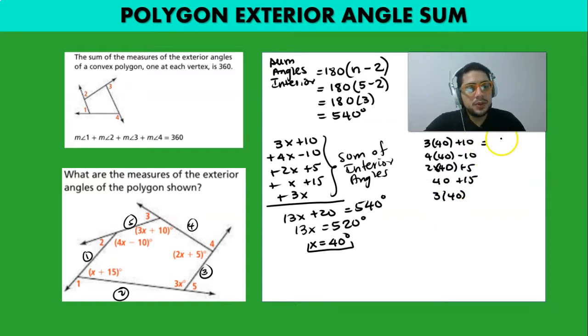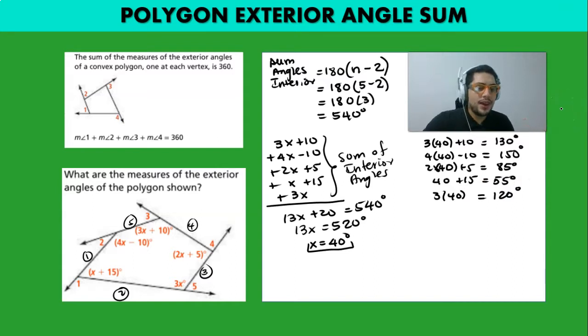So 3 times 40 plus 10 is going to be 130 degrees. 4 times 40 minus 10 is going to be 150 degrees. 2 times 40 plus 5 is going to be 85 degrees. 40 plus 15 is going to be 55 degrees. And 3 times 40 is going to be 120 degrees. And that is where we find the interior angles.